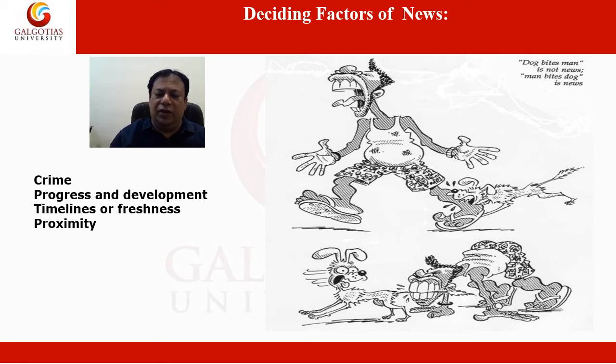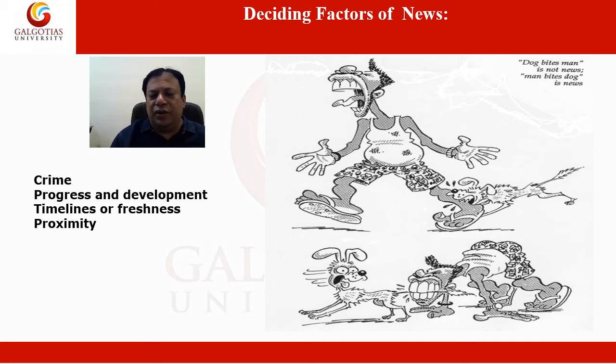And proximity, we can associate with a particular kind of news. If anything is happening in Delhi NCR, then definitely we are going to correlate ourselves properly with that information. Or if anything is happening far away, then that information might not be as important as the information which is taking place in a nearby area.